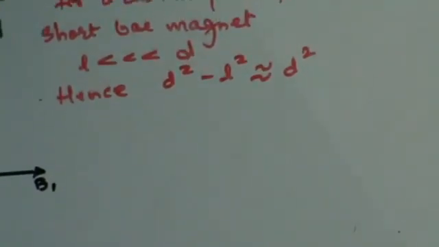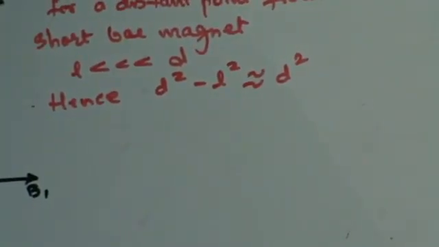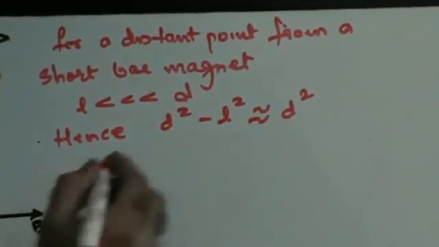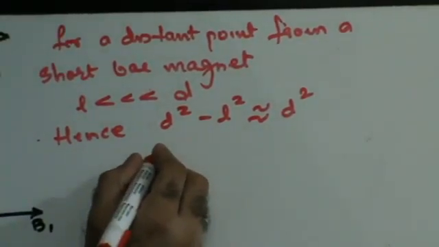Since the length of the magnet is very small as compared to the distance of point P, d square minus L square is approximately equal to D square.